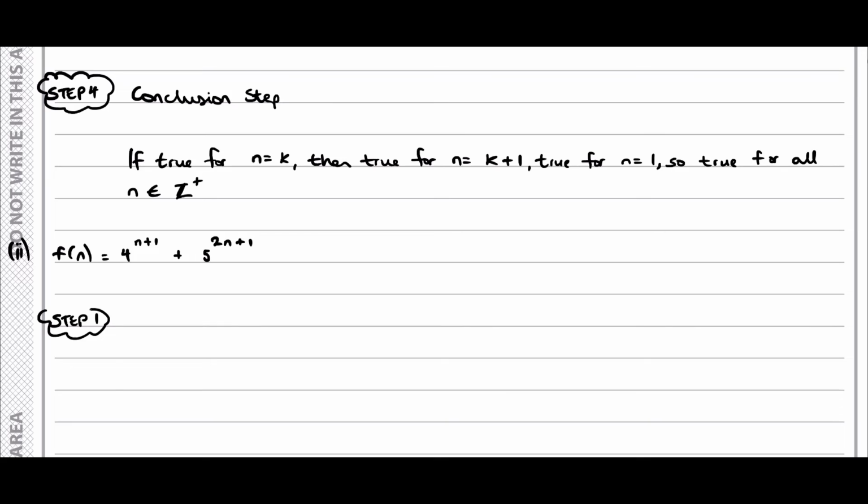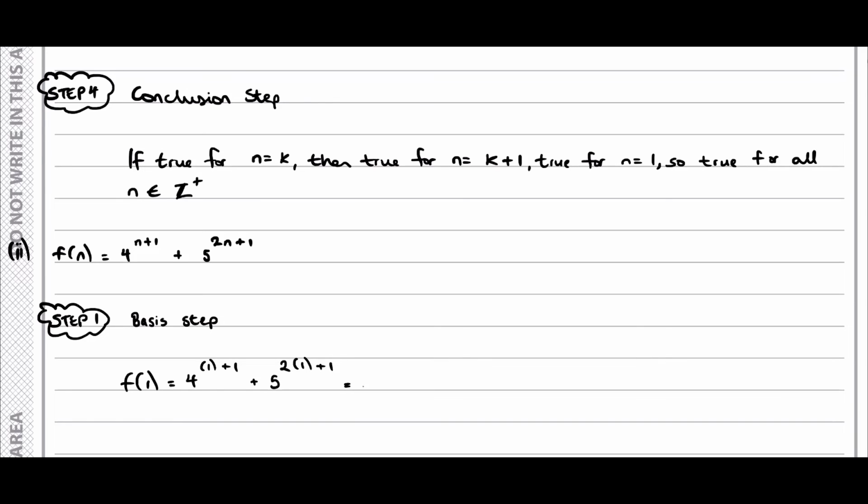which is our basis step. We want to show that when n equals 1, f of 1 is divisible by 21. So we have 4 to the power of 1 plus 1 plus 5 lots to the power of 2 lots of 1 plus 1.